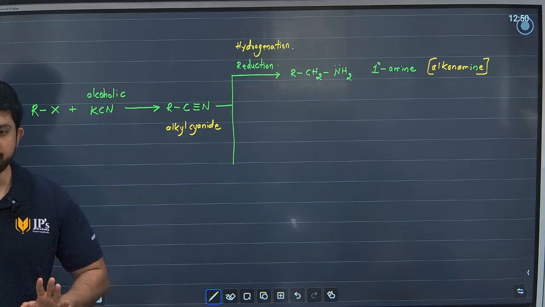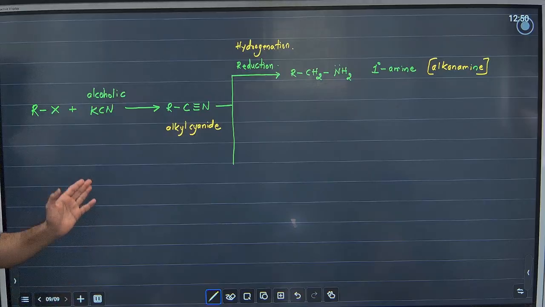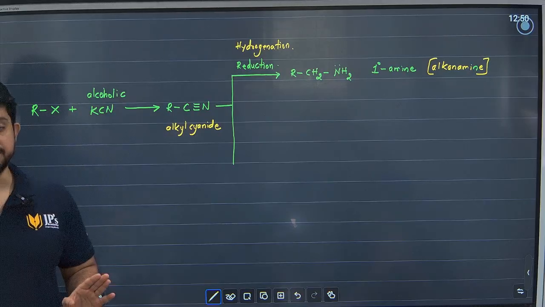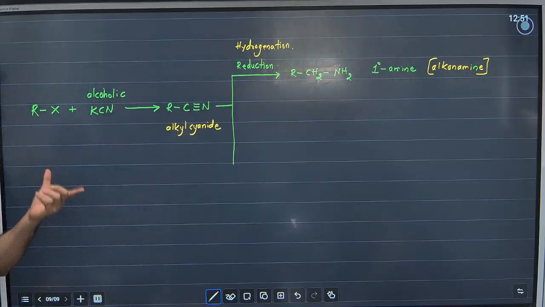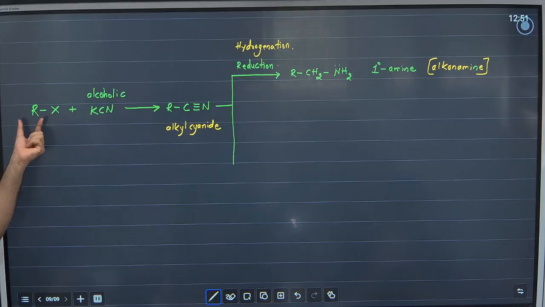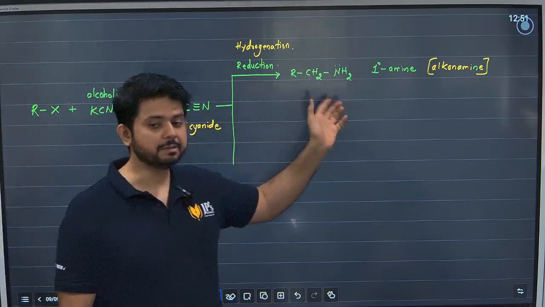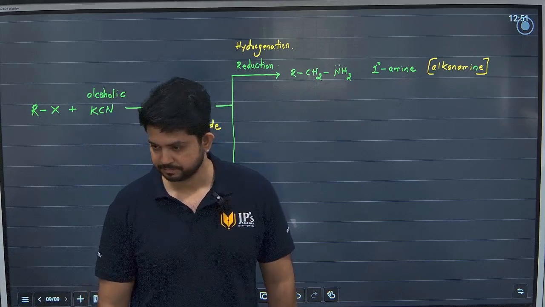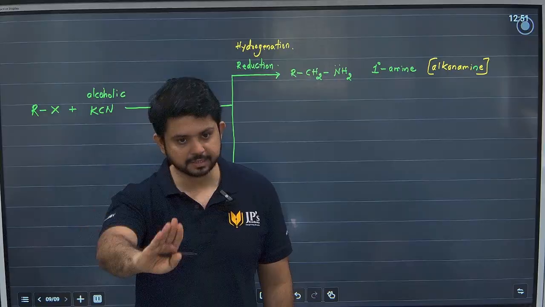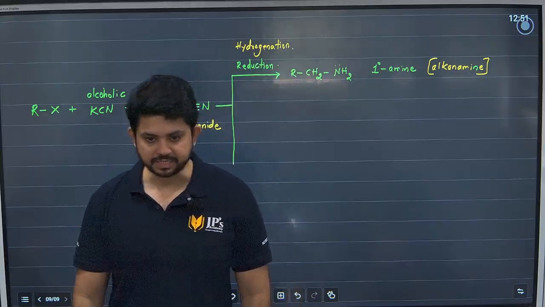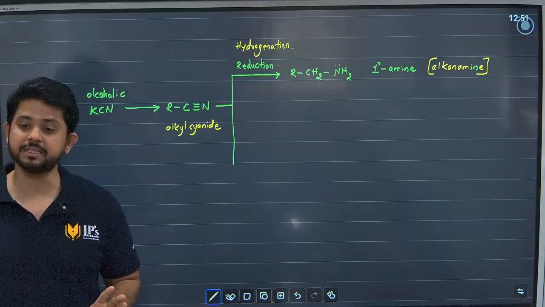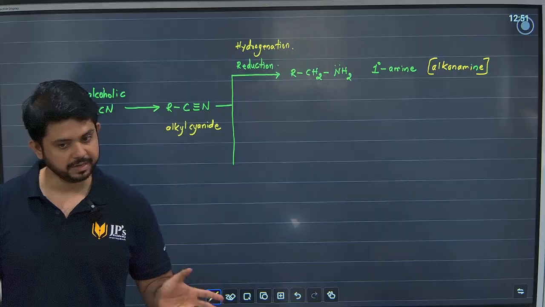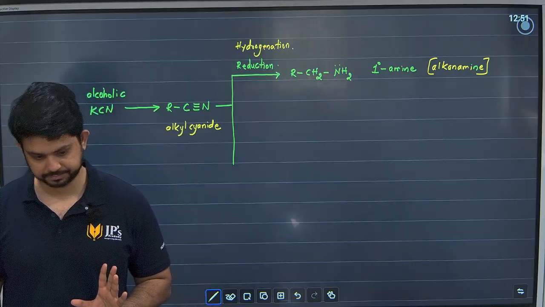I also want you to understand this. It's like increasing a carbon chain, increasing a carbon atom in the chain. For example, converting, let's say, chloromethane to ethanamine. So the intermediate that you go through is KCN. This reaction will actually come in the chapter on preparation of amines, but I am doing it in advance.